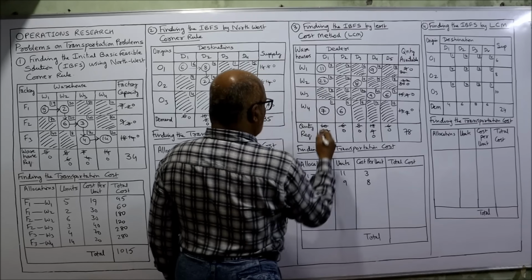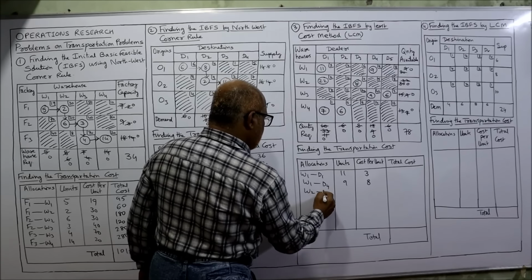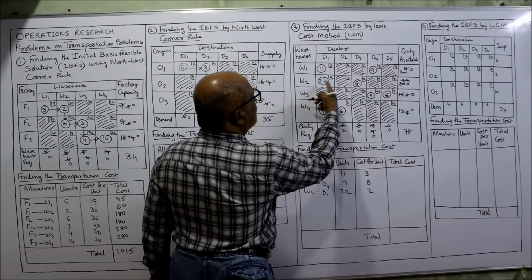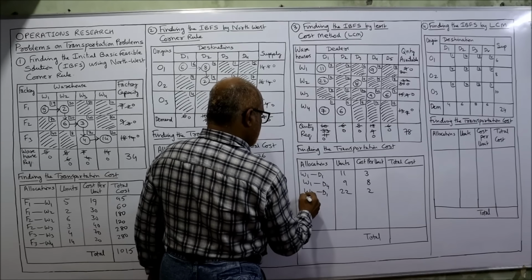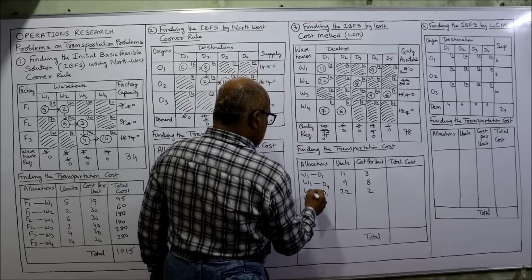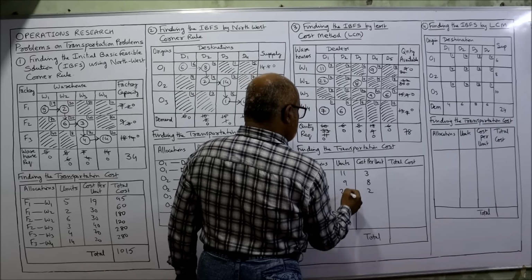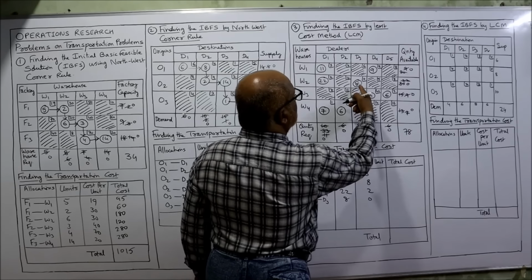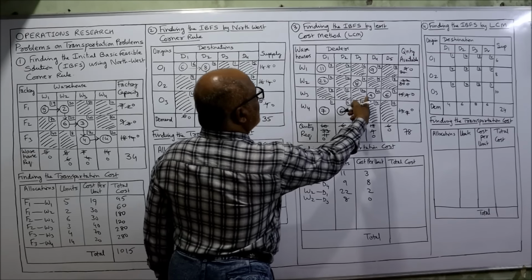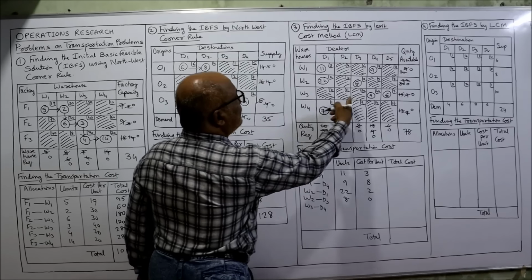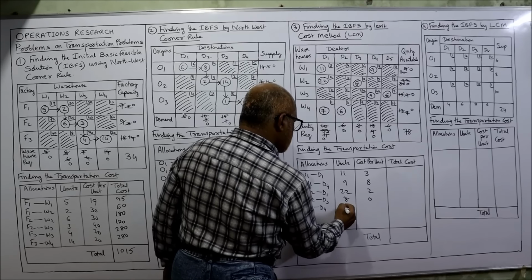Then W2 to D1. 22 units, 2 rupees. W2 to D3. How many units? 8 units, 0 rupees. Then W3 to D4, 9 units, 40 rupees.